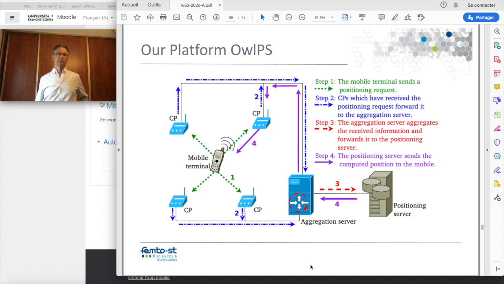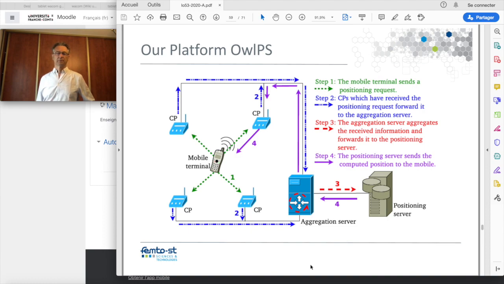So this is the platform we built in our lab with OWLPS. So it's an infrastructure-centric technique. So that means the mobile phone here will send a packet which will be received by the 4 access points.